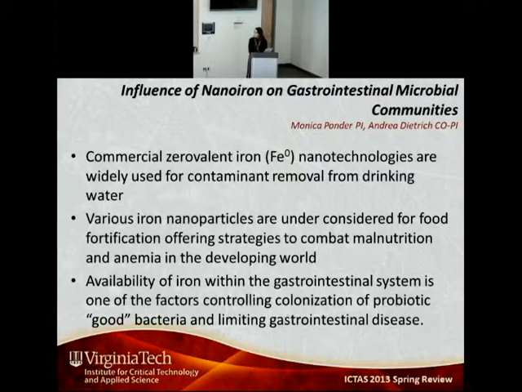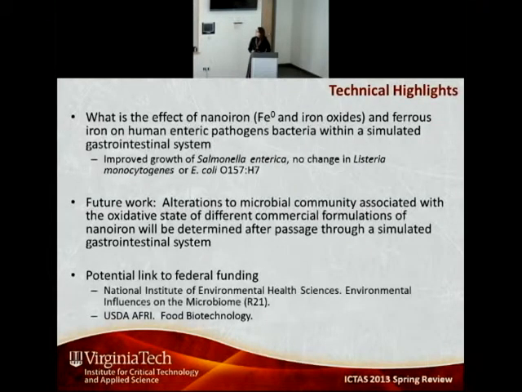These would be Salmonella enterica, E. coli, some Vibrio, and Listeria monocytogenes. And we simply added nanoiron at a comparable composition to what you would see in drinking water or in some of the proposed meal replacement items, to see how that influenced the growth and the survival of those pathogens that we are looking at.